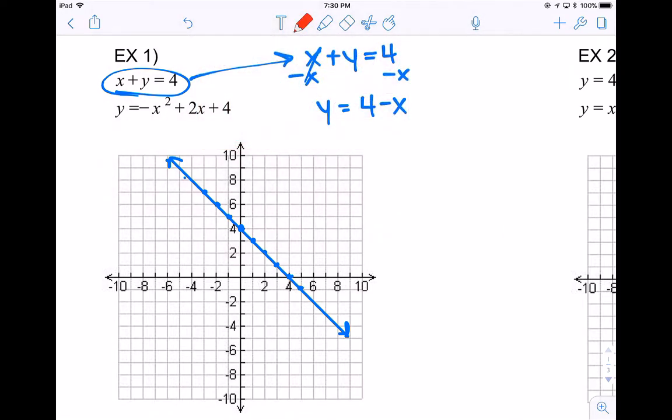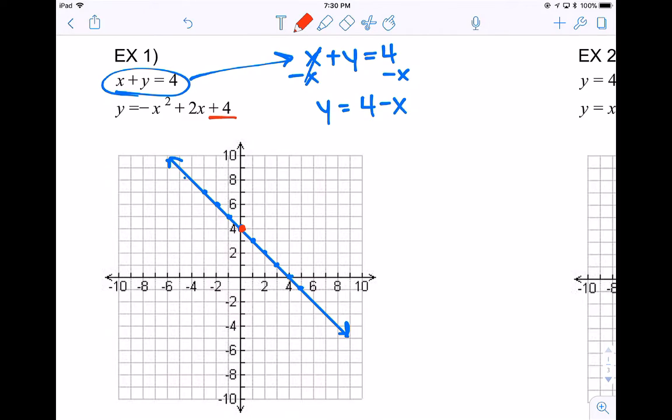All right, for our parabola, y is already by itself. We're not going to have to solve for that. This equation is in standard form, which means we already know the y-intercept. It's going to be at 4, so we can plot that. Next thing we want to know is the vertex.